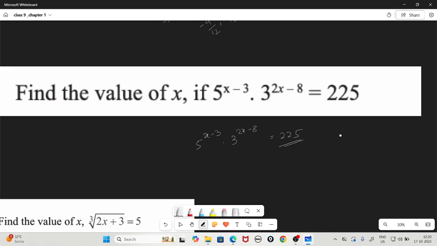First of all, we will convert this 225 into its prime factors. We can start with 3 or we can start with 5.